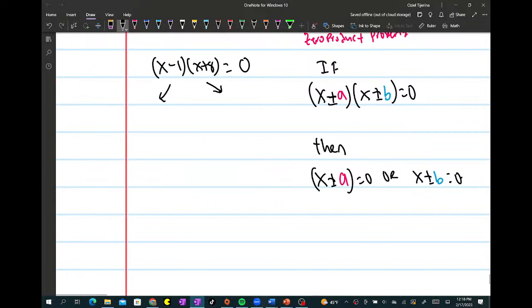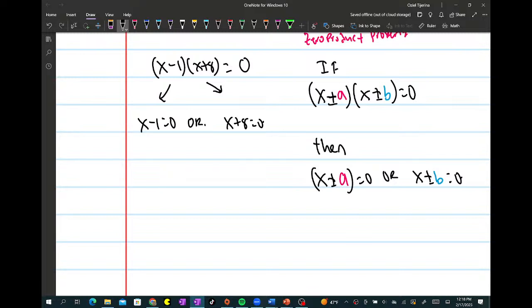Basically, you're making both equal to 0. So here we have x minus 1 times x plus 8. We make this equal to 0, so x minus 1 equals 0, or x plus 8 equals 0.